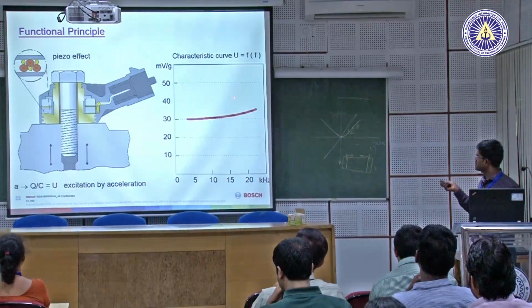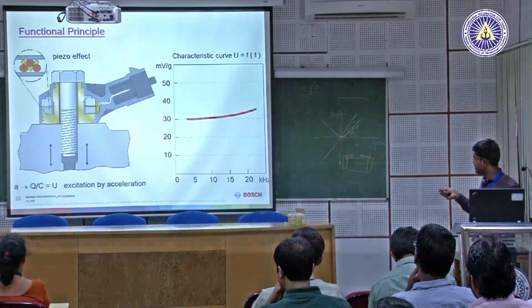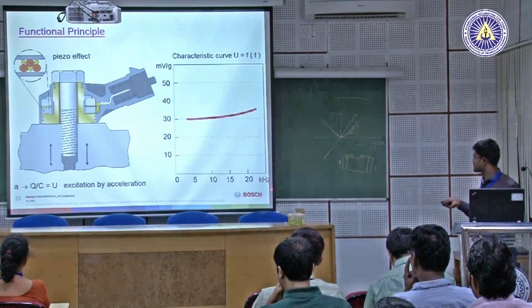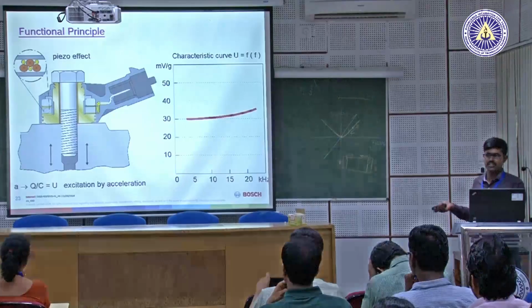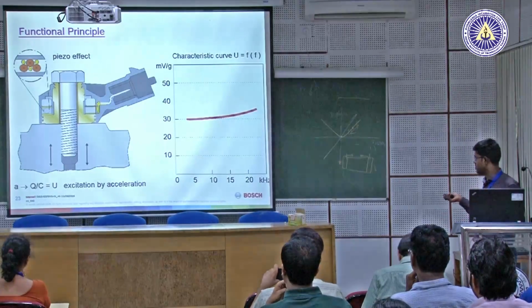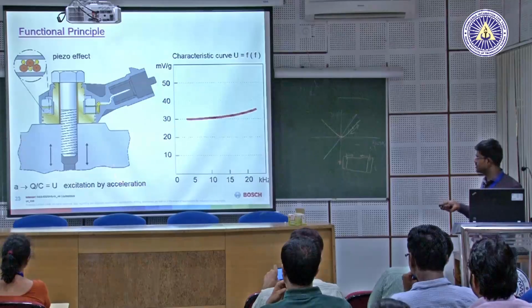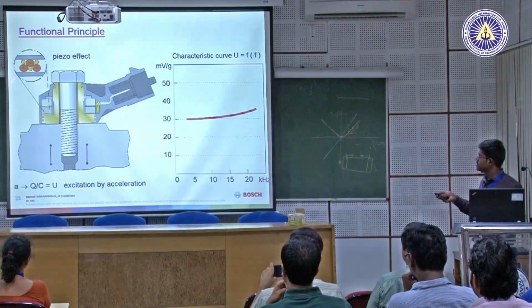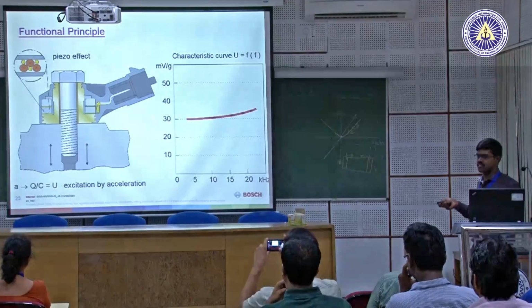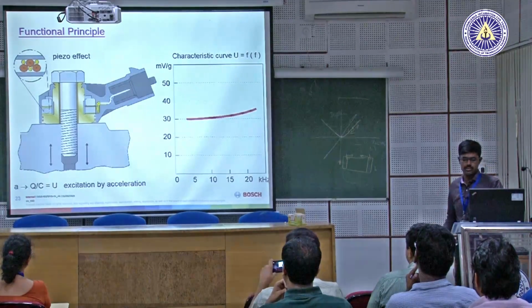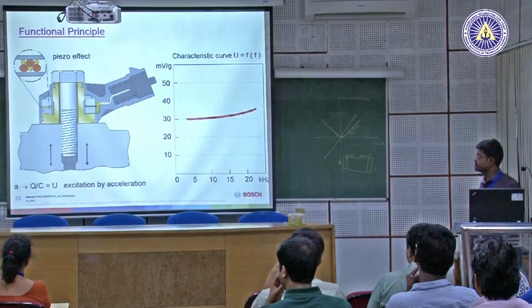This is the functional principle, with a linear output with frequency, like vibration, which is measured in terms of frequency, acceleration or vibration, and then this is the voltage which is given to the ECU. So, with the piezo effect, when there is a vibration, a charge is developed, which is given to the ECU for further processing.